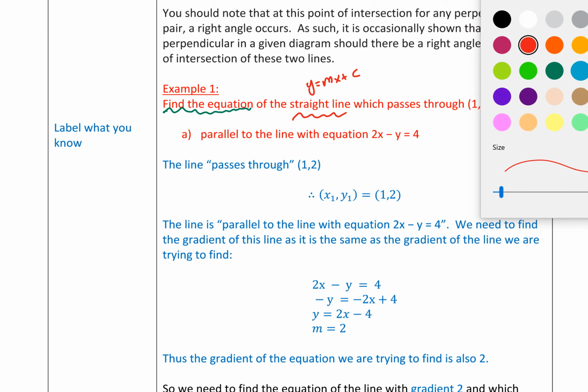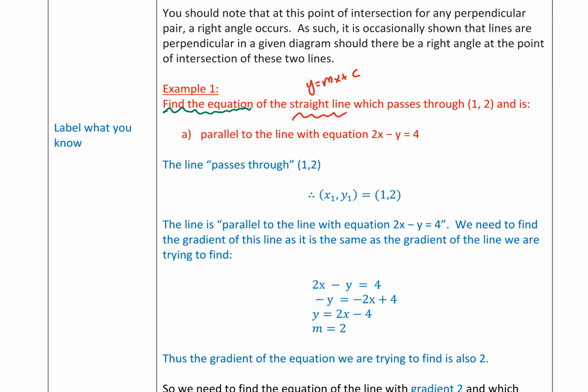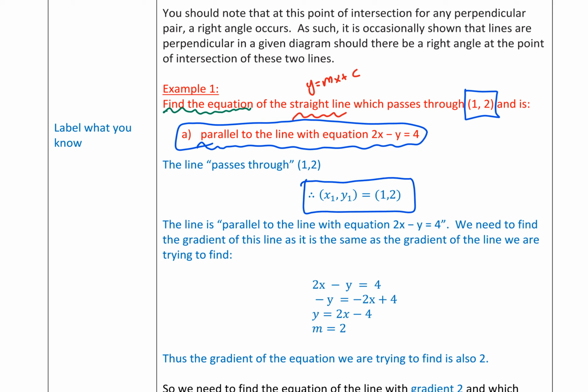The context that I have is that this line passes through (1, 2), so that's a shared point, and is parallel to the line 2x - y = 4. So the first thing that I've thought about is, okay, I've got this point, x1, y1, and I know that it's parallel to this equation.